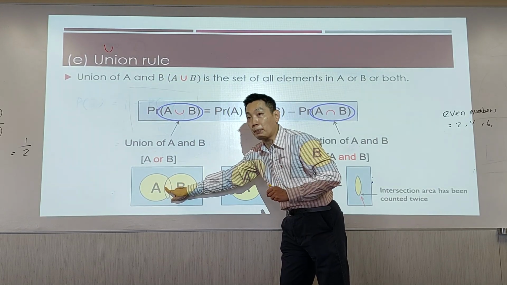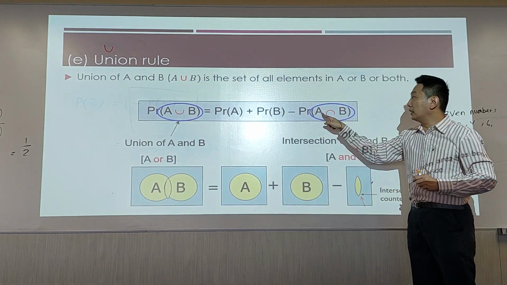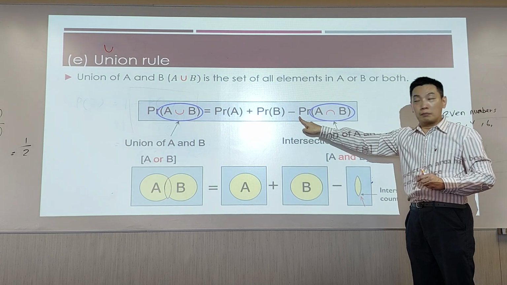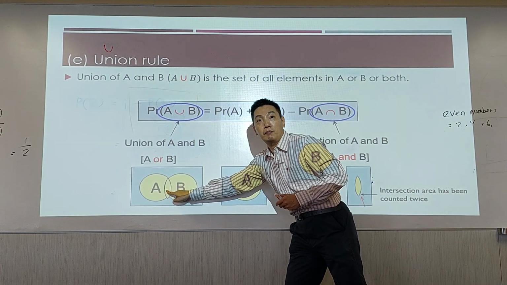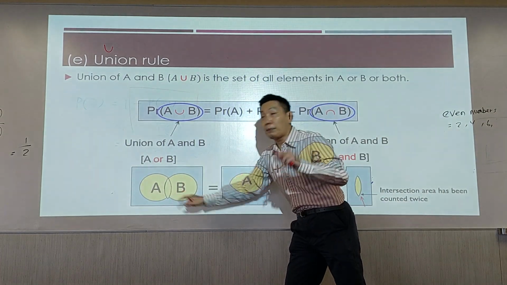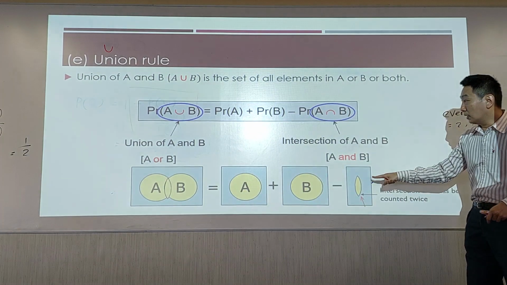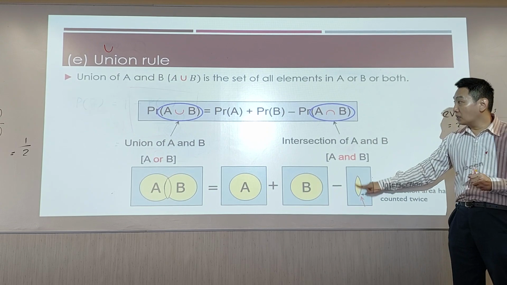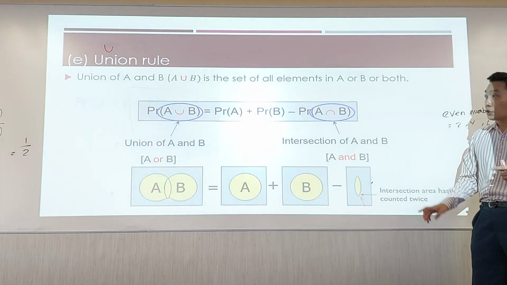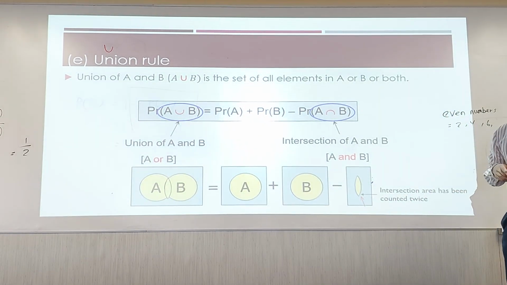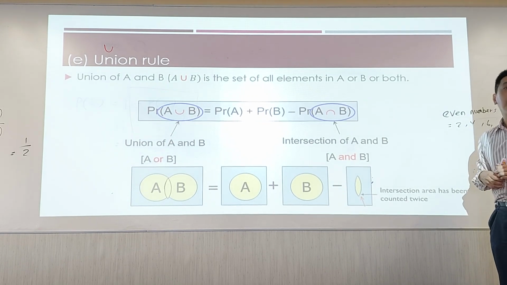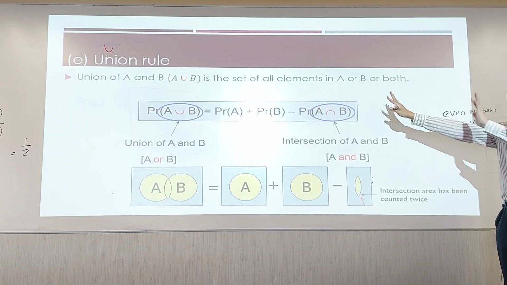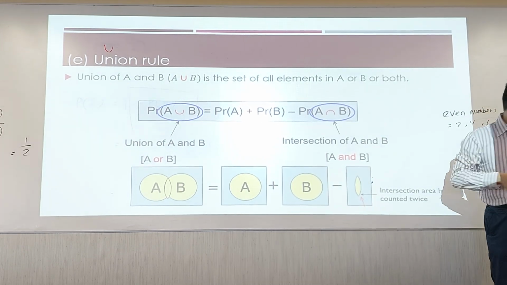In order to address the problem, we have to minus probability A intersect B. Okay? Because this area is overlap. In order to address the double counted problem, we need to minus this area 1 time. This area is equal to A intersect B. So in short, A union B is equal to A plus B minus A intersect B. So this is the only formula to identify A union B.